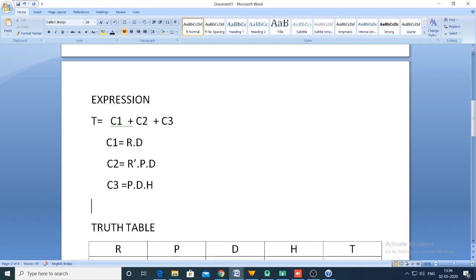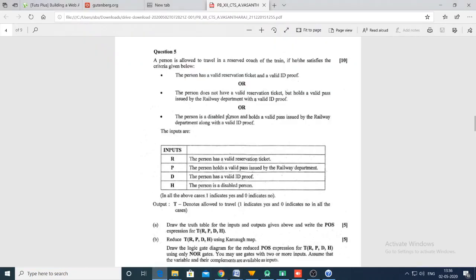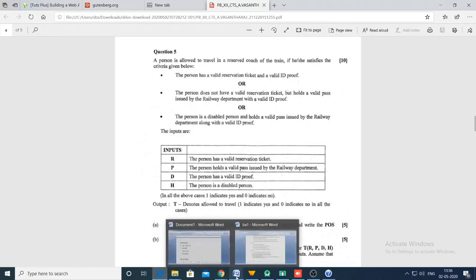Now we have finished the three conditions: condition 1, condition 2, condition 3, based on the 4 input variables. T is the resultant variable, and he is allowed to travel if he fulfills any one of these three conditions. So the three conditions are combined with OR operation.